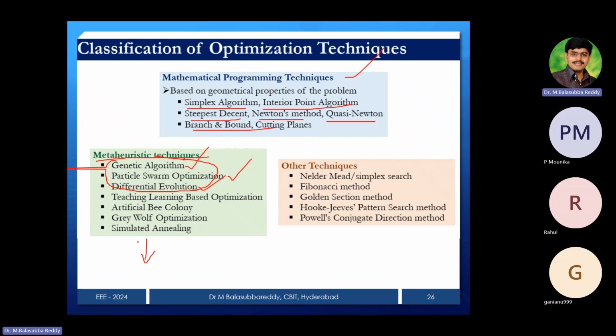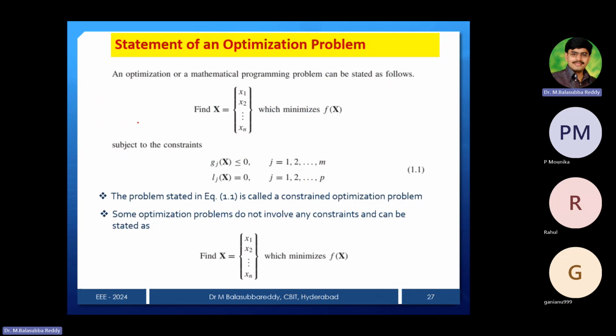And these are other technique algorithms we can see: Nelder-Mead simplex search, Fibonacci method, and golden section method, like that. This is one classification, based on mathematical programming and based on meta-heuristic techniques.